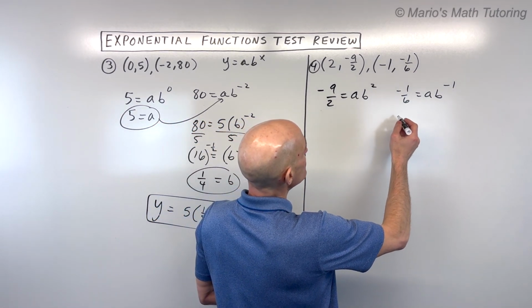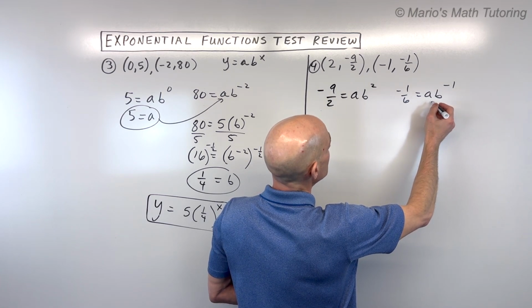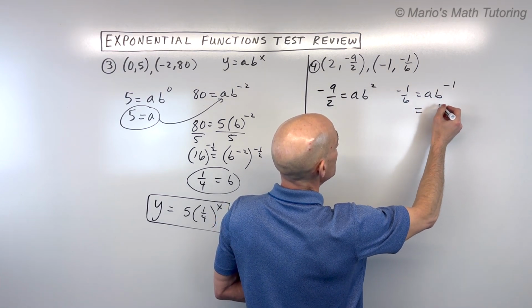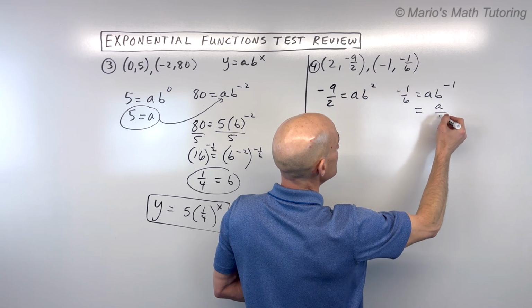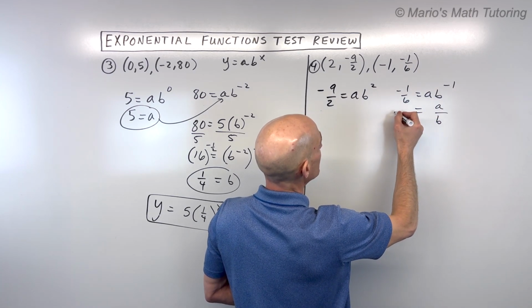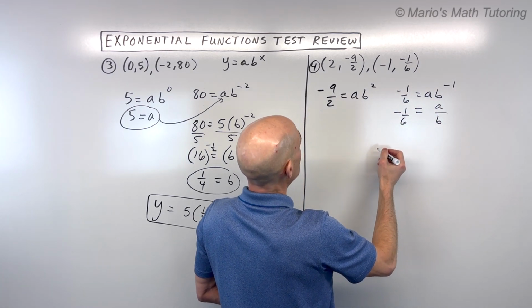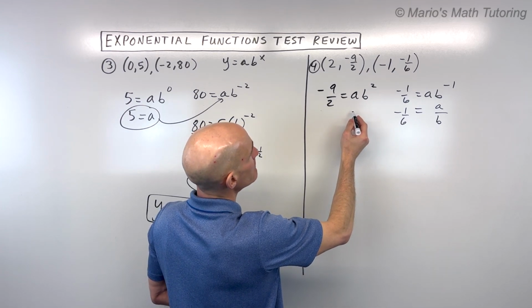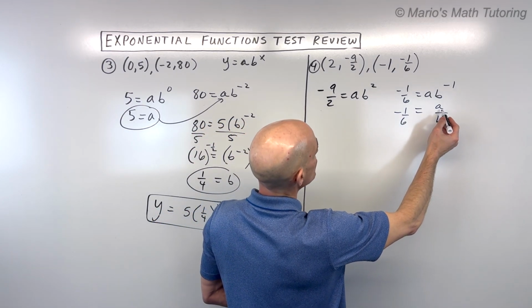Now, here what you might want to do is, let's go ahead and rewrite this a little bit. So b to the negative 1, that's like taking the reciprocal or moving that to the denominator. Okay, and then over here, let's just take this one step further. So let's go ahead and solve for a.